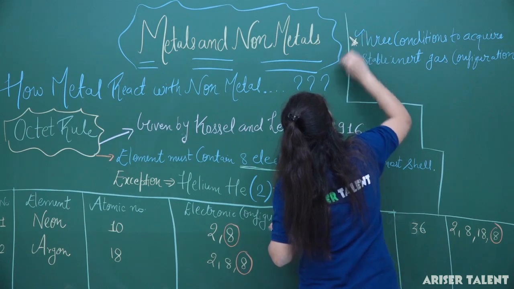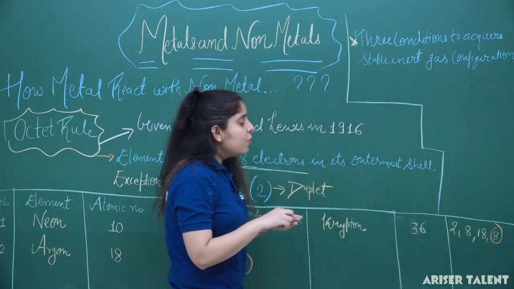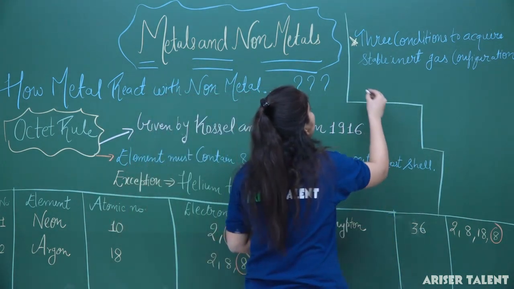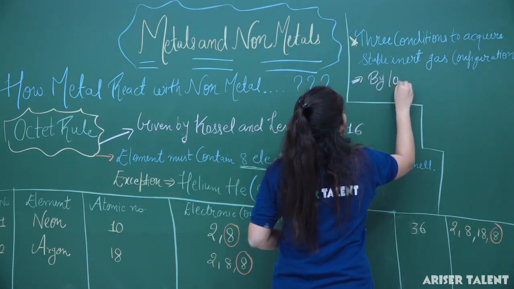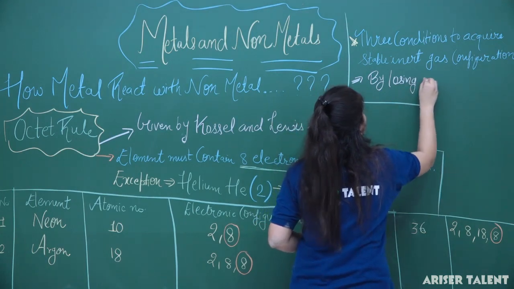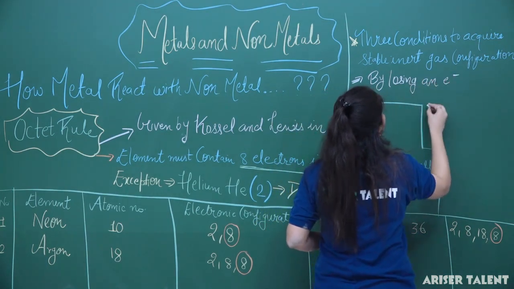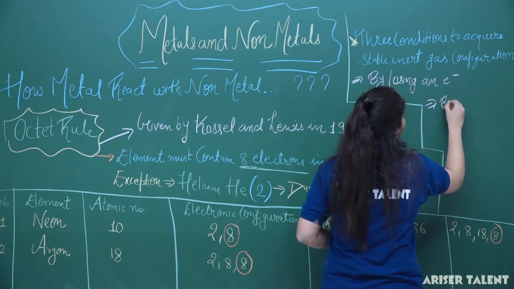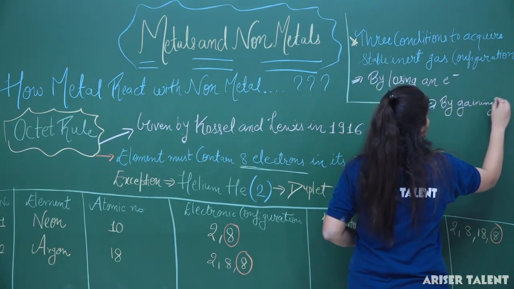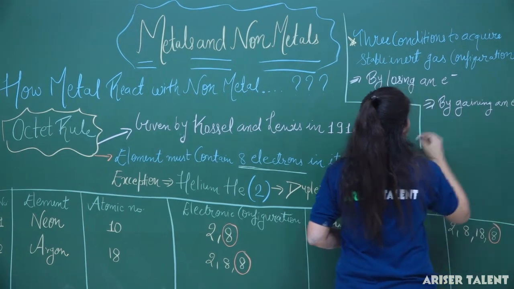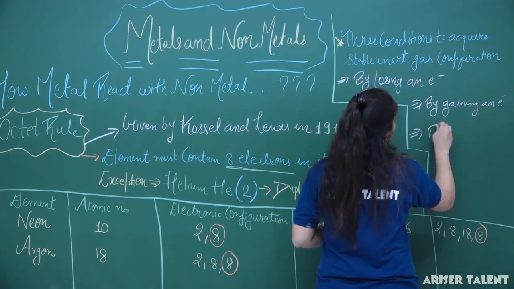So the 3 conditions which are necessary for the stable inert gas configuration are: first, by losing an electron; second, by gaining an electron; and third, by sharing.